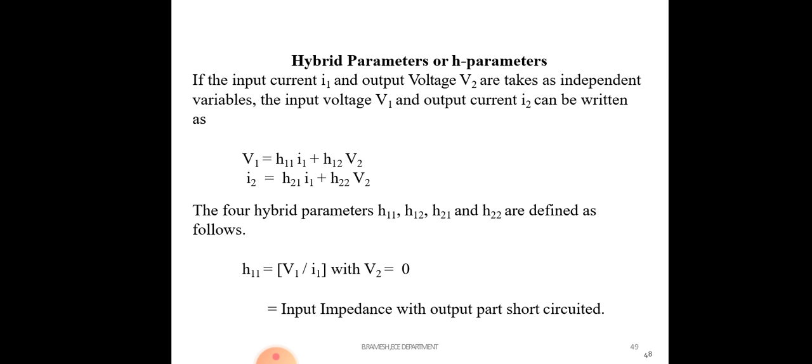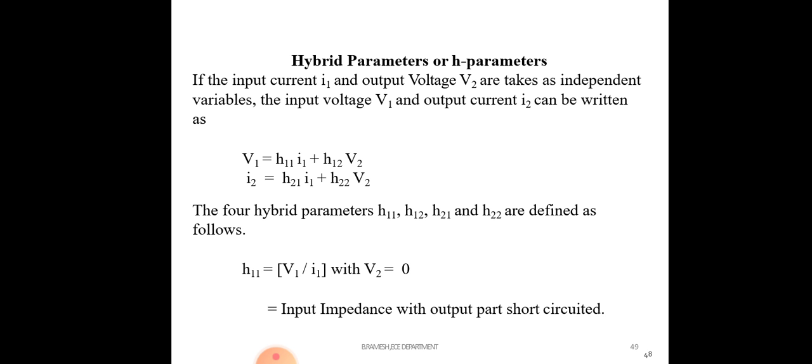The independent variables are multiplied with the h parameter factors, and you get these two equations: V1 is equal to h11 I1 plus h12 V2, and I2 is equal to h21 I1 plus h22 V2. The four hybrid parameters h11, h12, h21 and h22 are defined as follows.